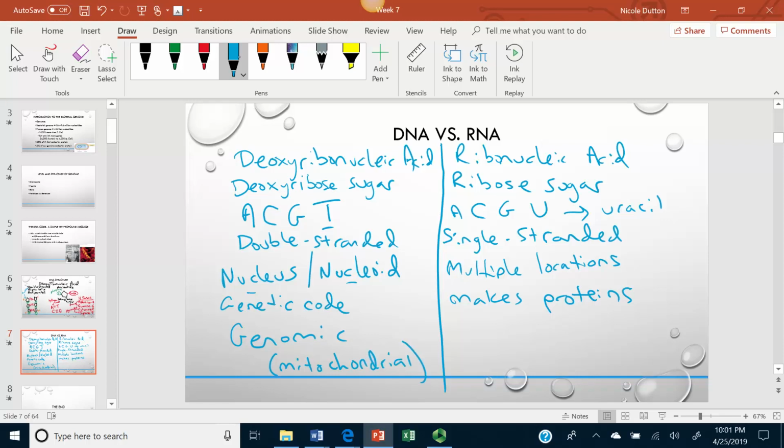The types of RNA include tRNA for transfer RNA, mRNA for messenger RNA, and rRNA for ribosomal RNA. So ribosomal RNA makes up the ribosome, tRNA is used during translation, and mRNA is the copy of the DNA that's made during transcription, which is brought over the ribosome during translation.